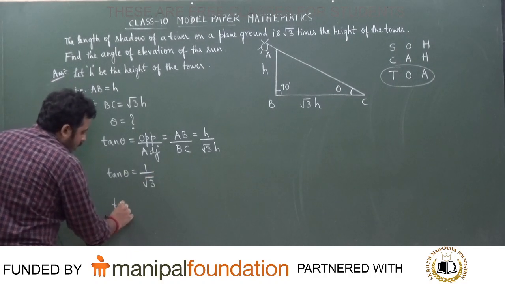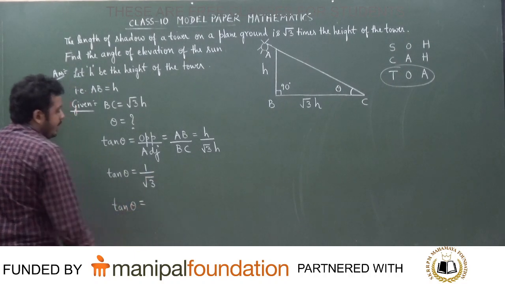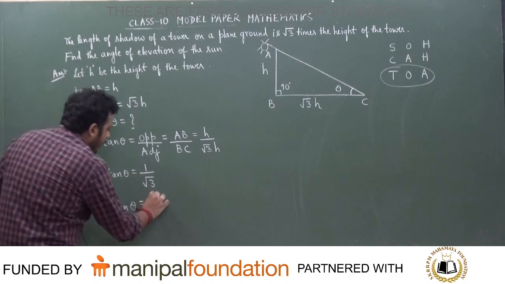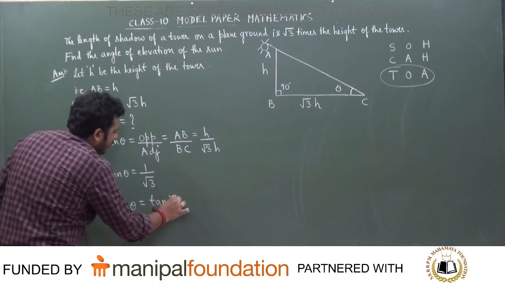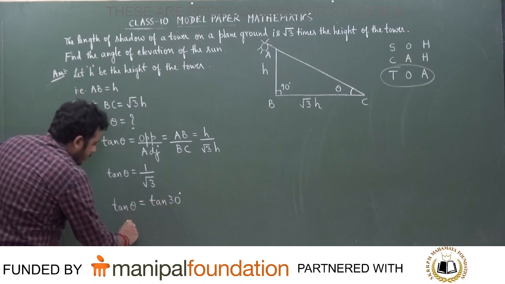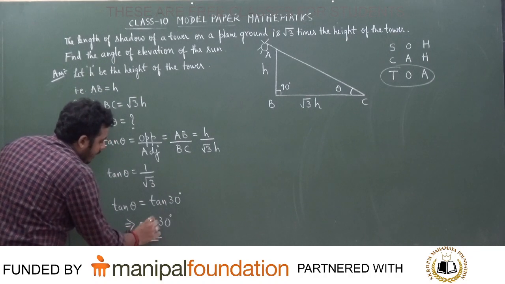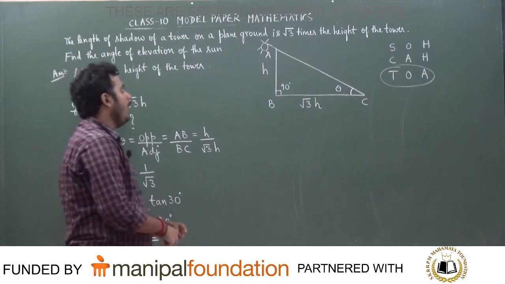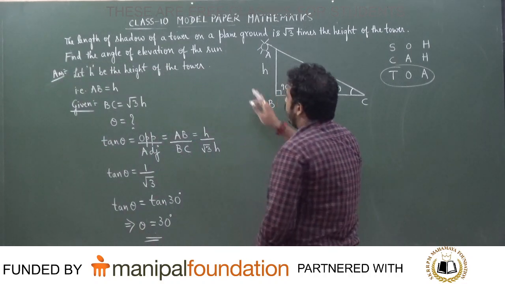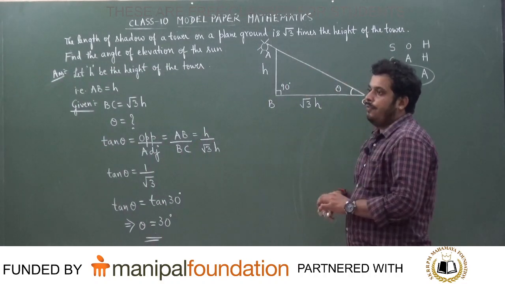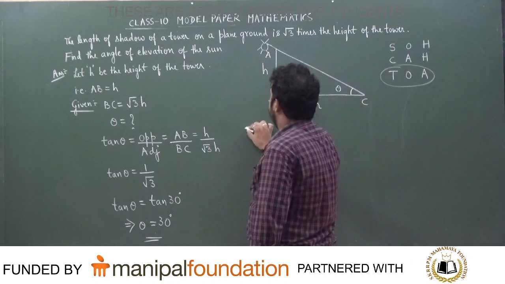From the trigonometric table, what we did in yesterday's class also, 1 by root 3 is how much, students? You should know this table by heart now. Tan 30. This implies the angle of elevation of the sun, theta, is equal to 30 degrees. Since this problem is given in words, the final answer also should be written in words.